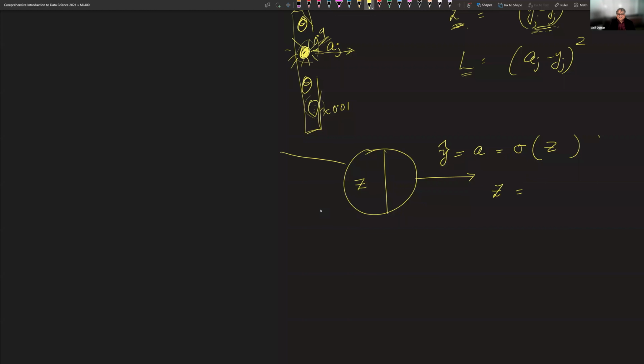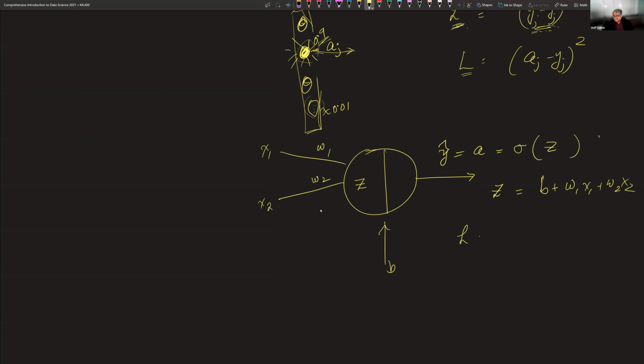Z is a bias term, bias plus W1 X1 plus W2 X2, keeping it in two dimensions.